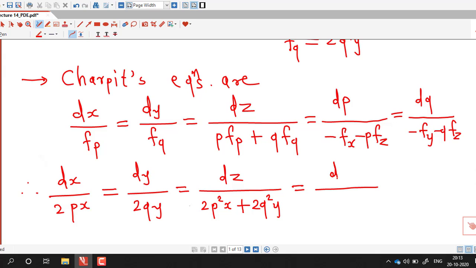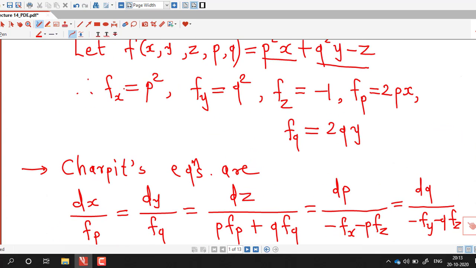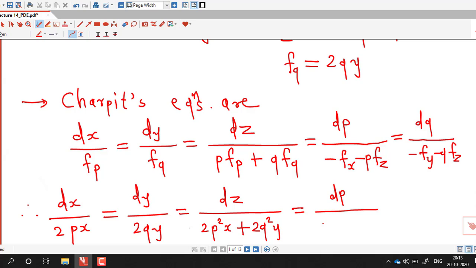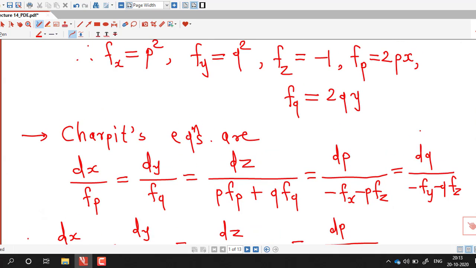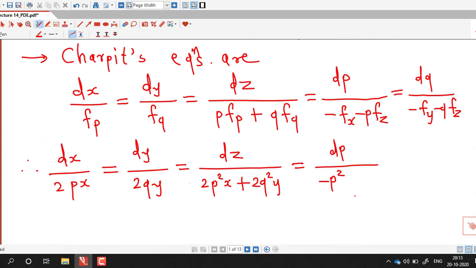This is equal to dp divided by minus del f by del x, which is minus p square, minus p into del f by del z. Del f by del z is minus 1, so minus p into minus 1 will be plus p.